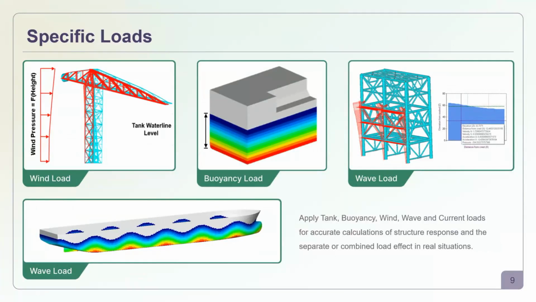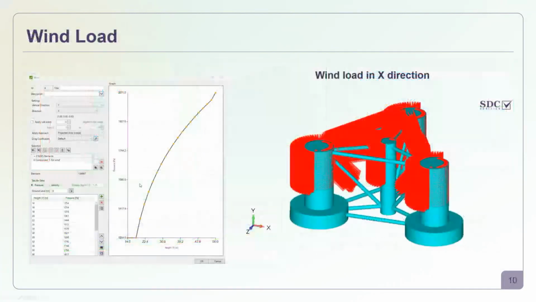and our specific loads. Besides some basic load definitions, as you are familiar with, for example, some body loads, some nodal loads, you can apply some extra loads in SDC, such as wind load, buoyancy load, and wave load. All of these mentioned loads are applied as a pressure to the structure. And firstly, let's see the wind load.